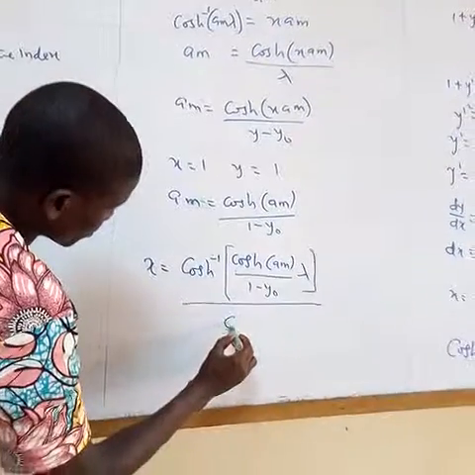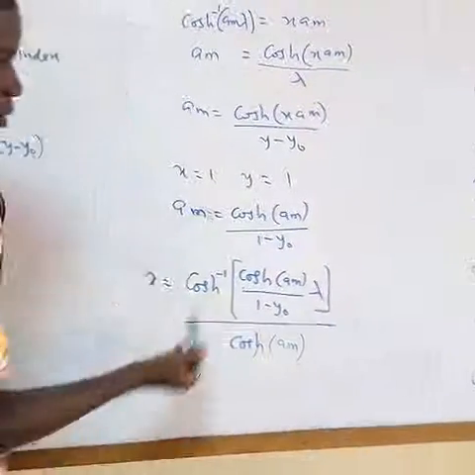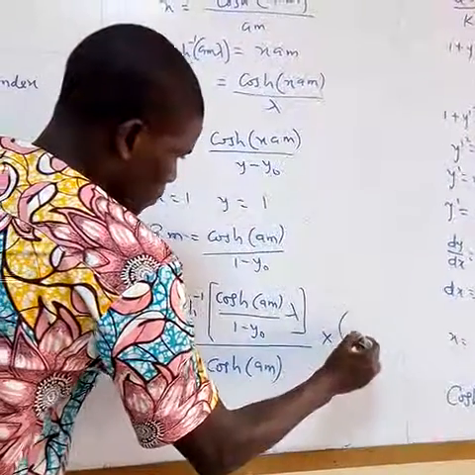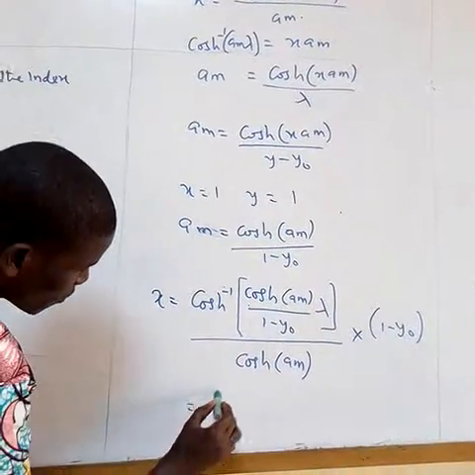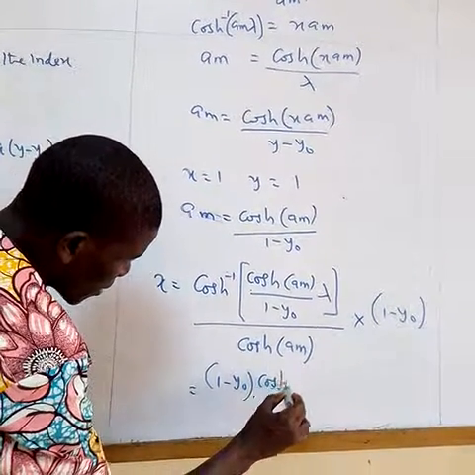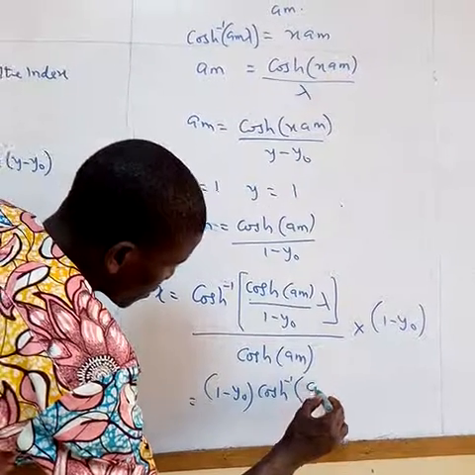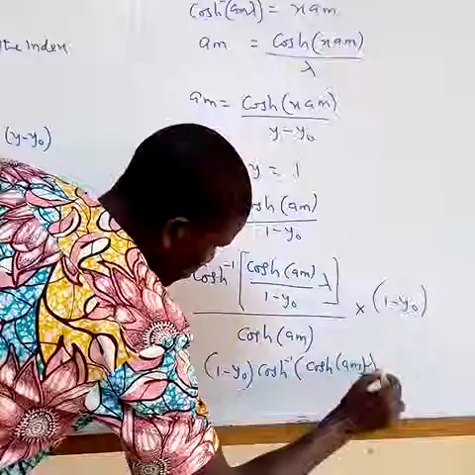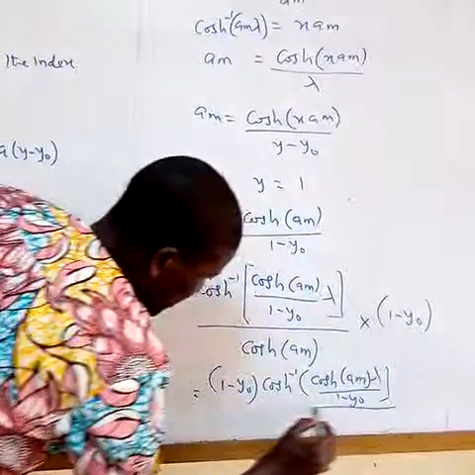So we have this one to be equal to cos am. Since this one is being divided by this, automatically we are going to multiply this one by 1 minus y naught, so that our final expression will become 1 minus y naught into arc cos of am lambda over 1 minus y naught, against cos am.